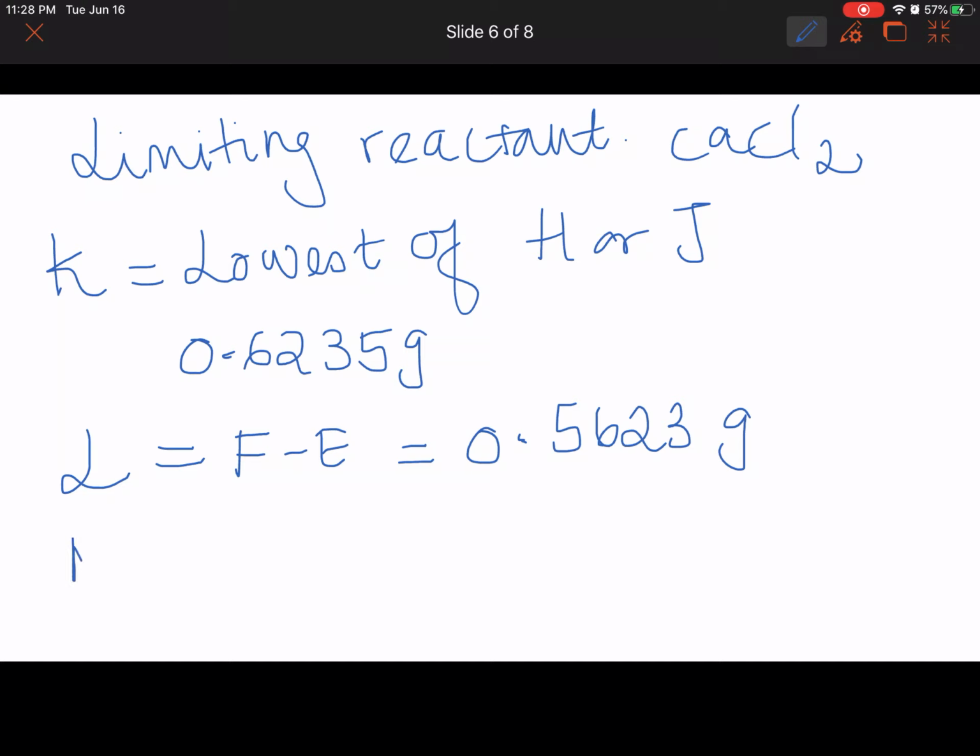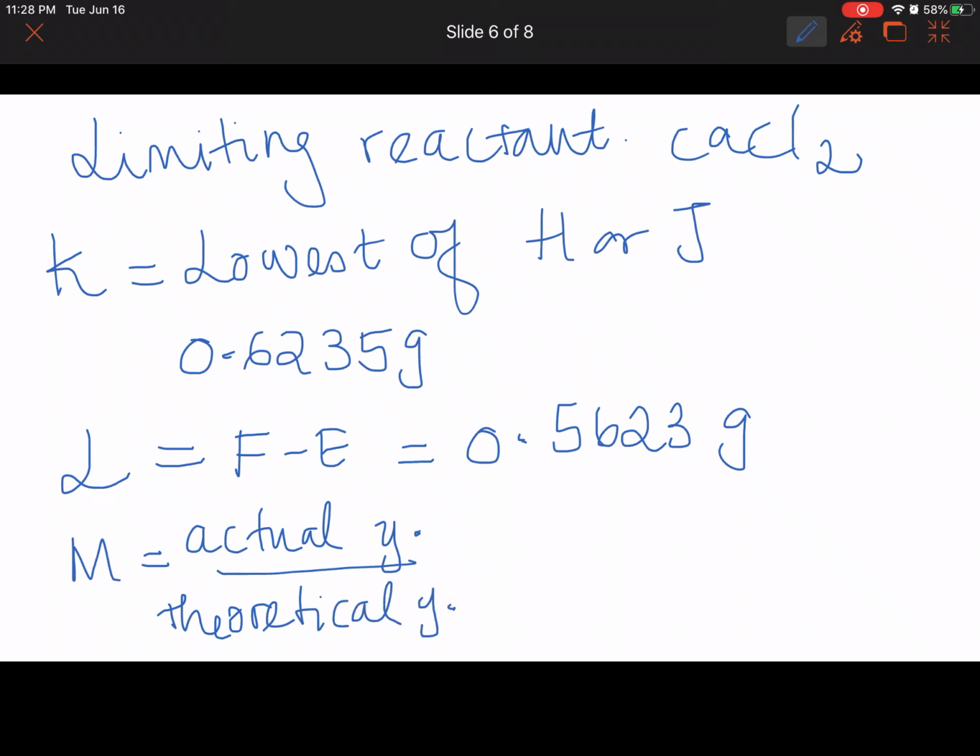And then the next one is the percent yield. Percent yield is normally actual yield over theoretical yield times 100. So our actual yield is L, theoretical yield is K, times 100 will give us the percent yield.